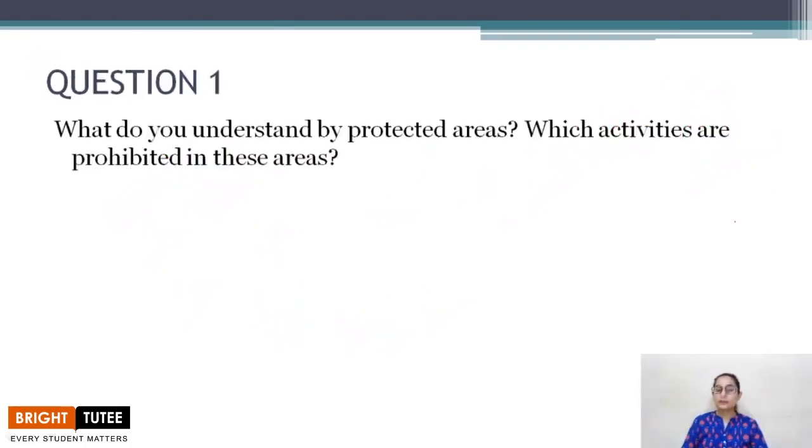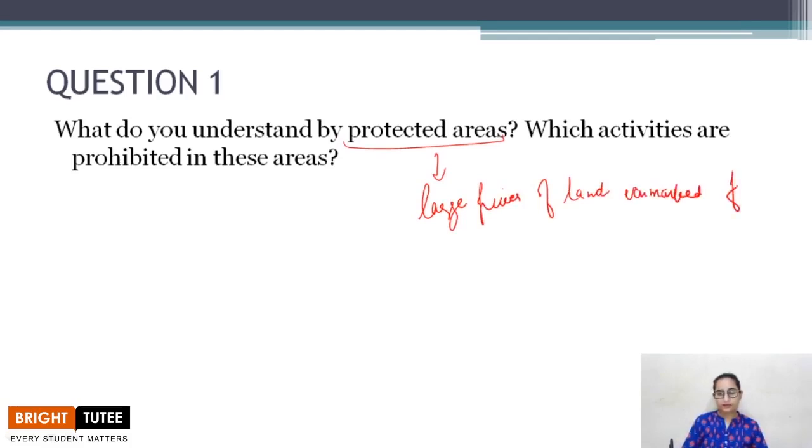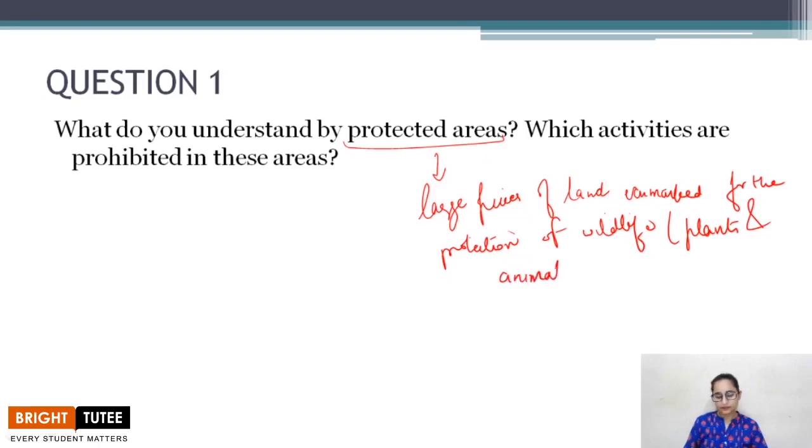What do you understand by protected areas? Which activities are prohibited in these areas? Protected areas are the large pieces of land earmarked for the protection of wildlife, that is plants and animals.